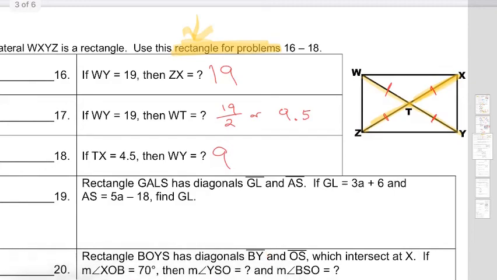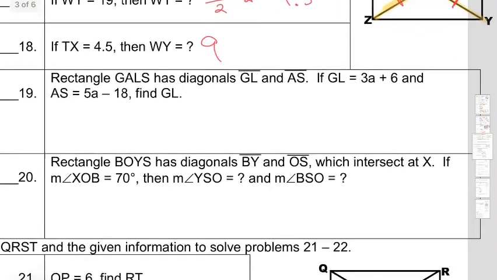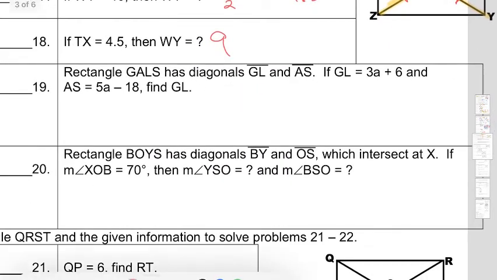Sorry. Moving on to 19, it says rectangle GALS. So the first thing I'm going to do is draw myself a rectangle and label it GALS. And so now it's telling you diagonal GL, so this diagonal here, and AS. Okay, so two diagonals.